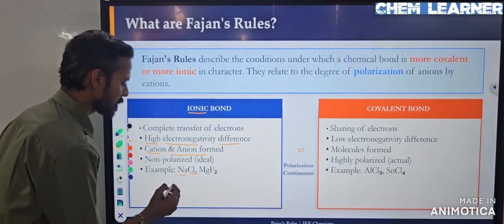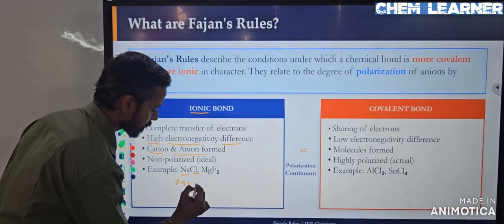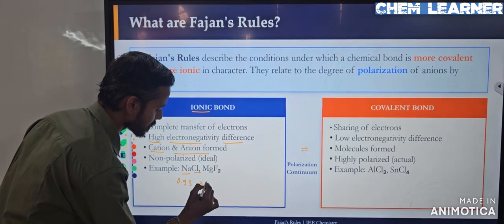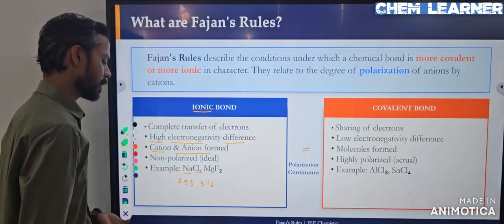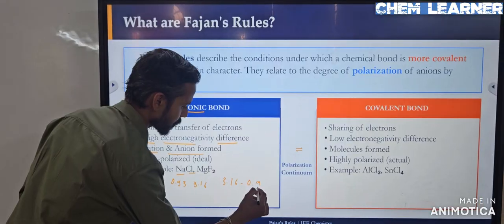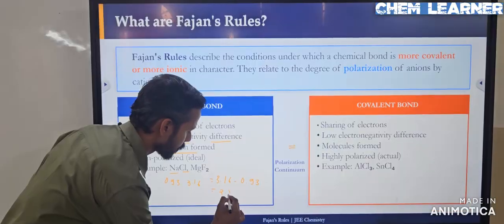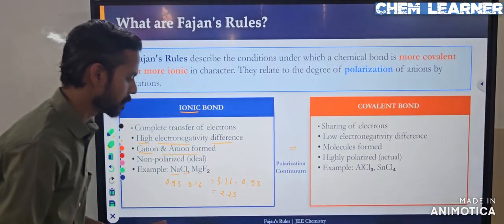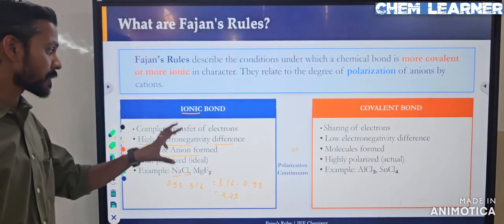In NaCl, the electronegativity of Na is 0.93 and the electronegativity of Cl is 3.16. So if we take the difference, 3.16 minus 0.93, it will be around 2.23. So the difference is 2.23 in the case of an ionic bond.